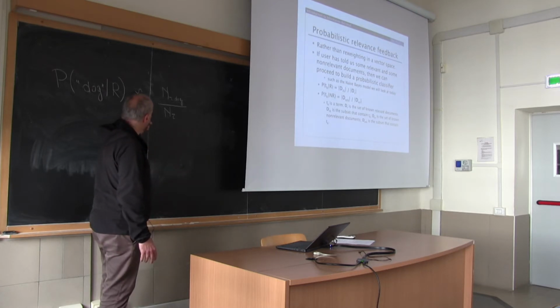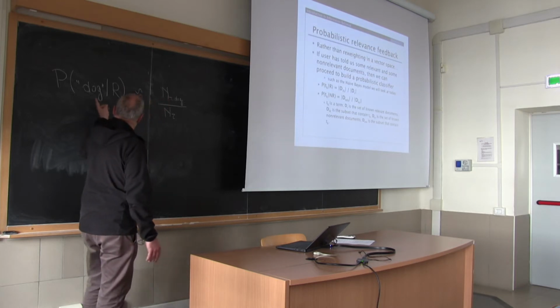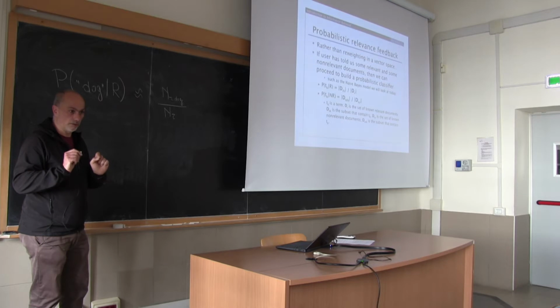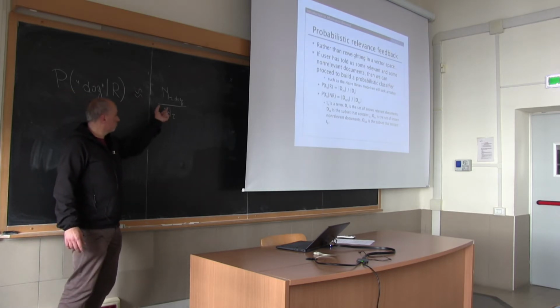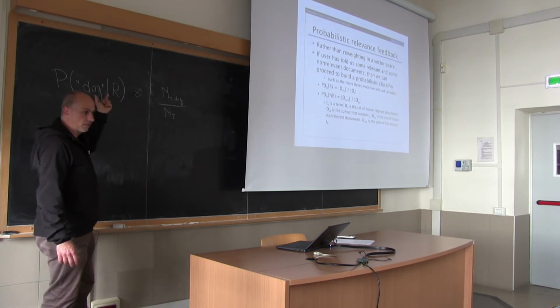What could I do? Well, given a document, I pick all the distinct words the document contains, and then I try to compute some function of these probabilities, which I'm estimating.